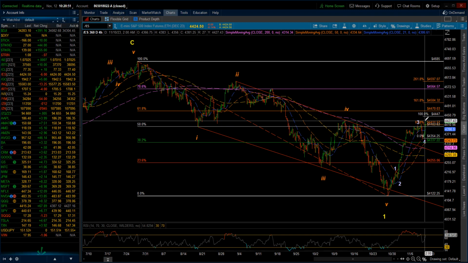And how the zero DTE options and just the options that were expiring on Friday, as things moved heavily to the upside, went through strike prices that forced adjustments in the positions that were expiring on Friday.